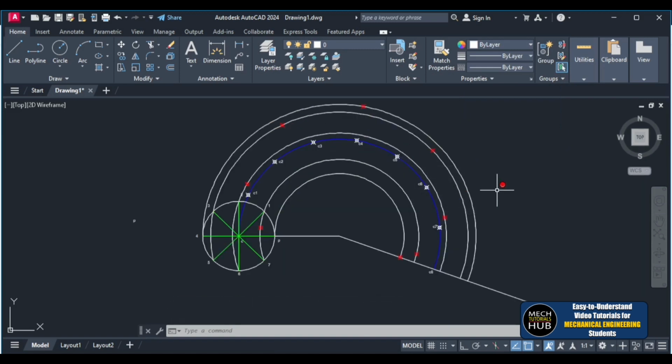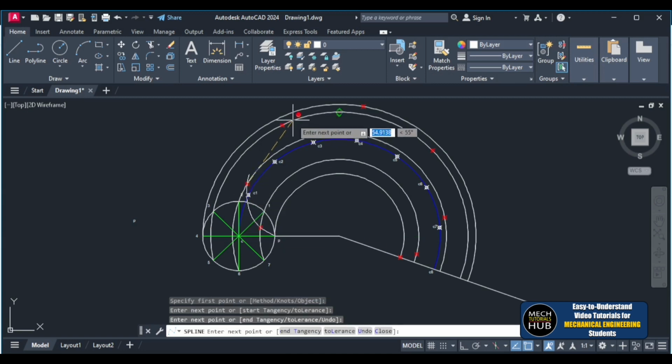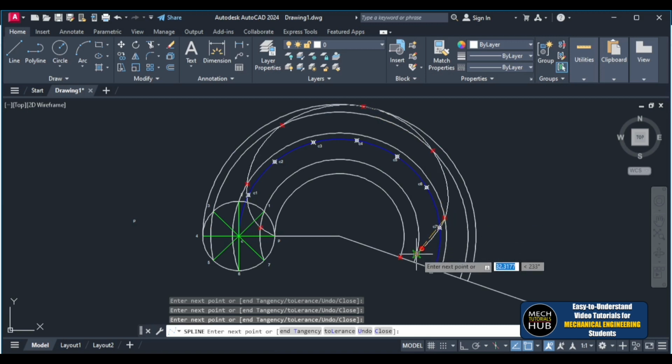When I join all of them, we have a command called spline command. Now it is starting at this point 1. This is the first pick, second, third, fourth. When you draw conventionally on a sheet of paper, you'll try to join them all with a free hand.